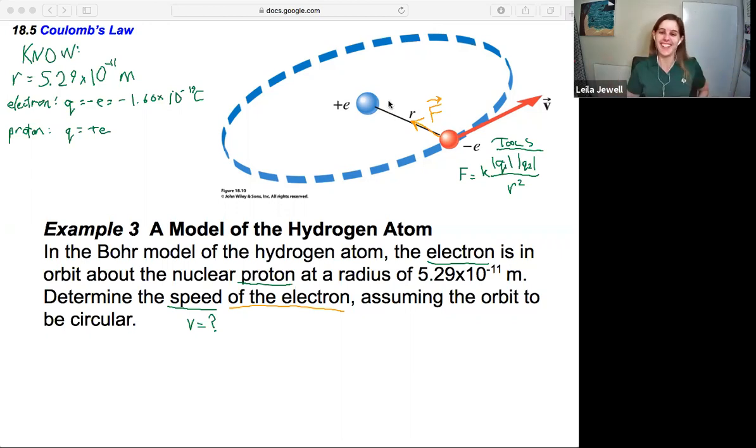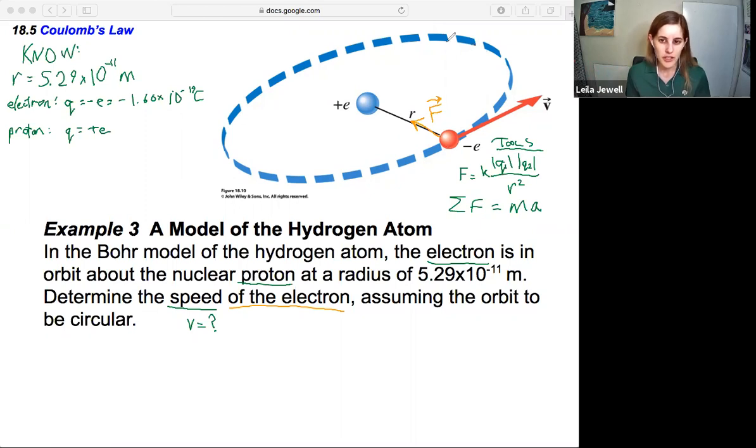Newton's second law, that the sum of the forces has to be equal to the mass times the acceleration. This is a good one to use when in doubt if you have forces involved and you need to connect to the kinematic variables.